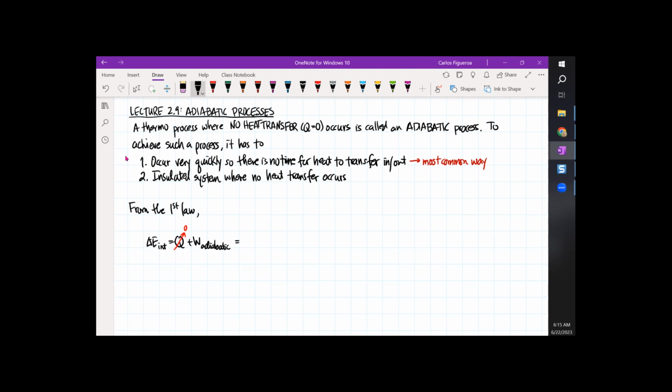So in this case, we're talking about two situations. If the work is positive, then I have a volume decrease. But a volume decrease means that I have a compression.